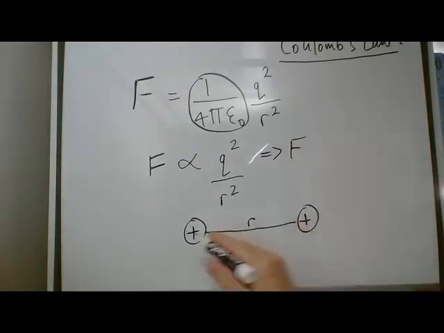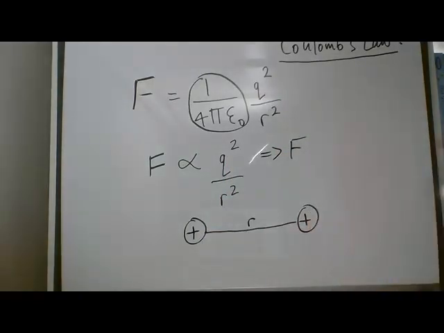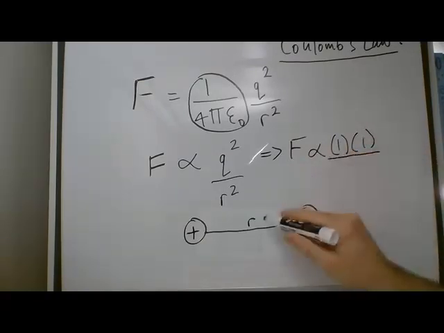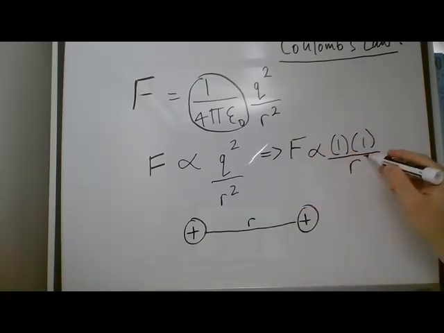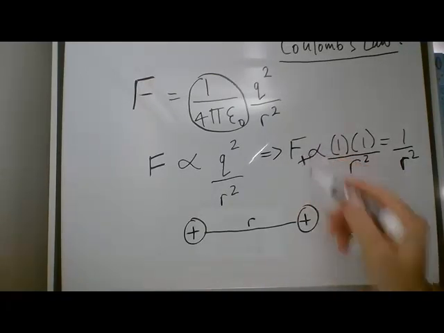The force between two like charges would be positive, because one Q is +1 and the other Q is also +1. So it's +1 multiplied by +1 over the separation r squared, so this is 1 over r squared. Importantly, we have a positive force. Positive forces are repulsive.